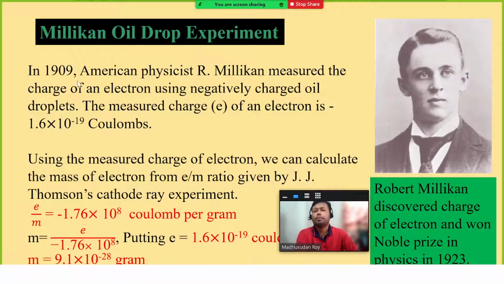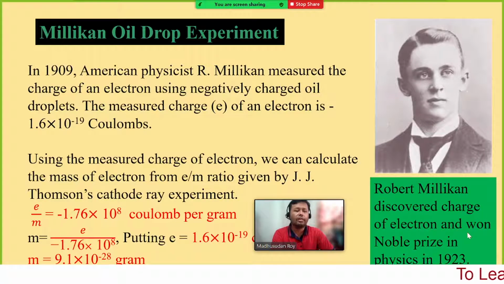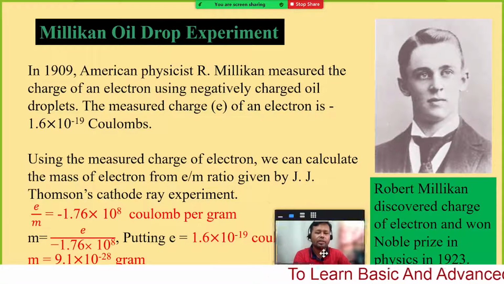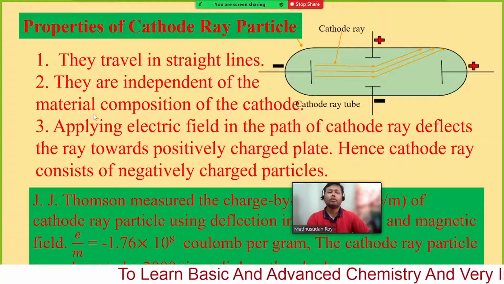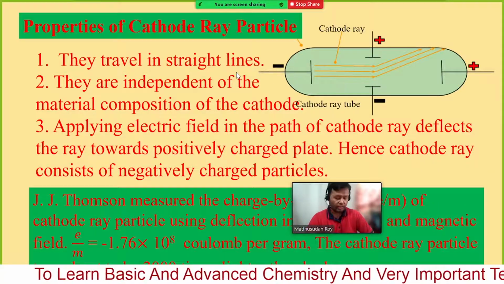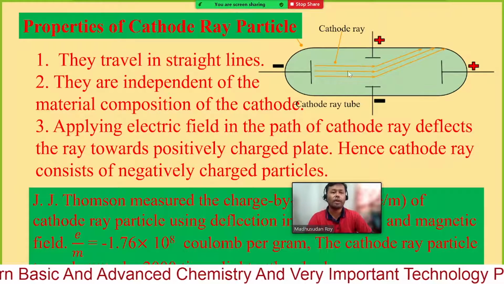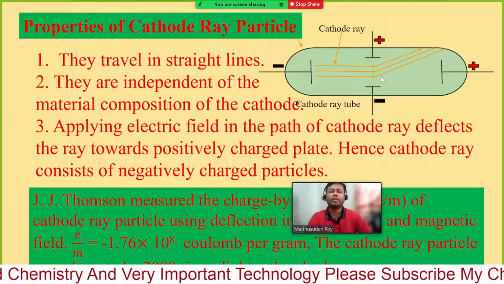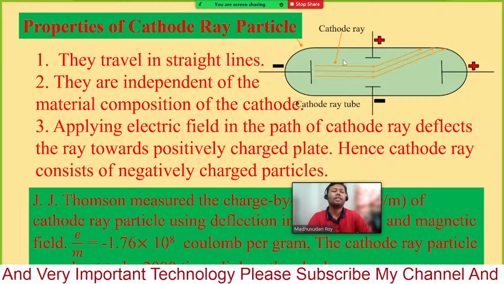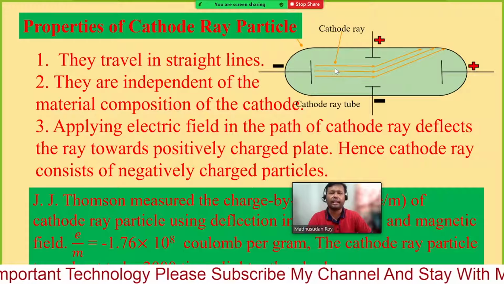Now, the Millikan oil drop experiment. This is Robert Millikan, who discovered the charge of the electron and won the Nobel Prize in Physics in 1923. J.J. Thomson could not give the idea about the charge. He did these types of experiments, but he could not figure out the charge of the cathode ray.